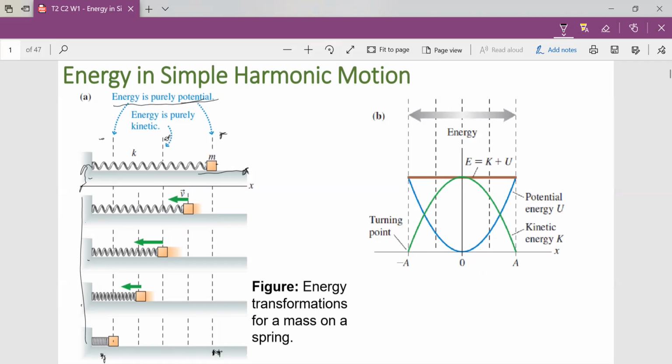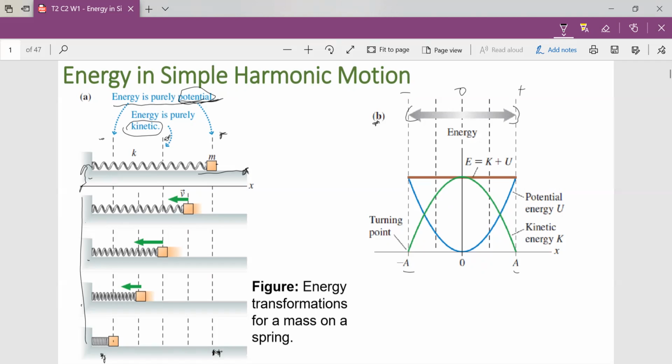So if we make a plot of the position graph for potential energy and kinetic energy, we will have what we have in figure B here. So we'll have the range for the oscillation from 0 to positive, then to negative in terms of amplitude, okay?